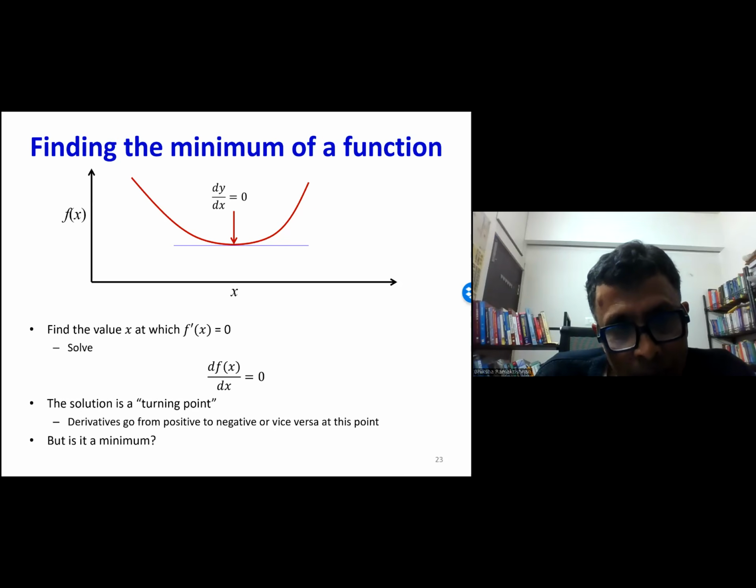You all probably remember from high school that to find where the function is minimum, you compute the derivative of the function and find out where it goes to 0. That location is called a turning point, because the function goes from decreasing and turns to increasing. But is this sufficient?